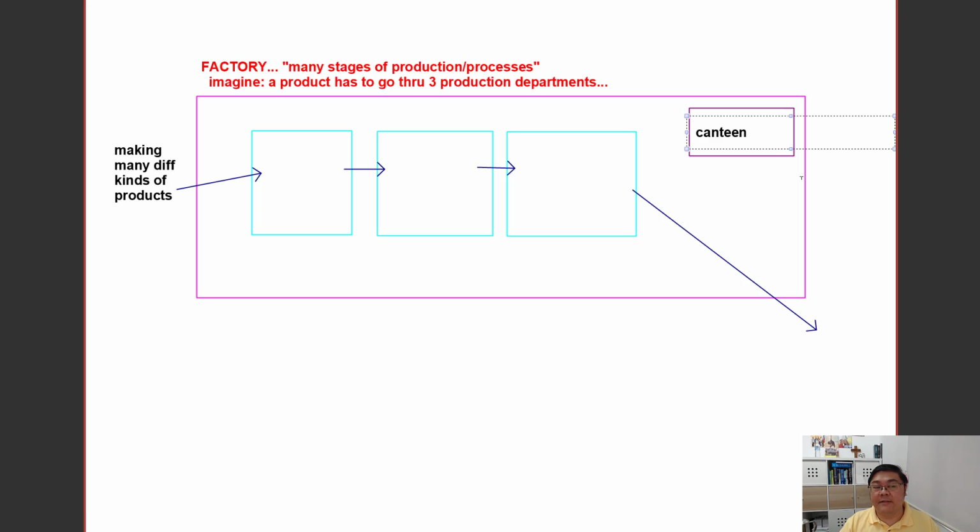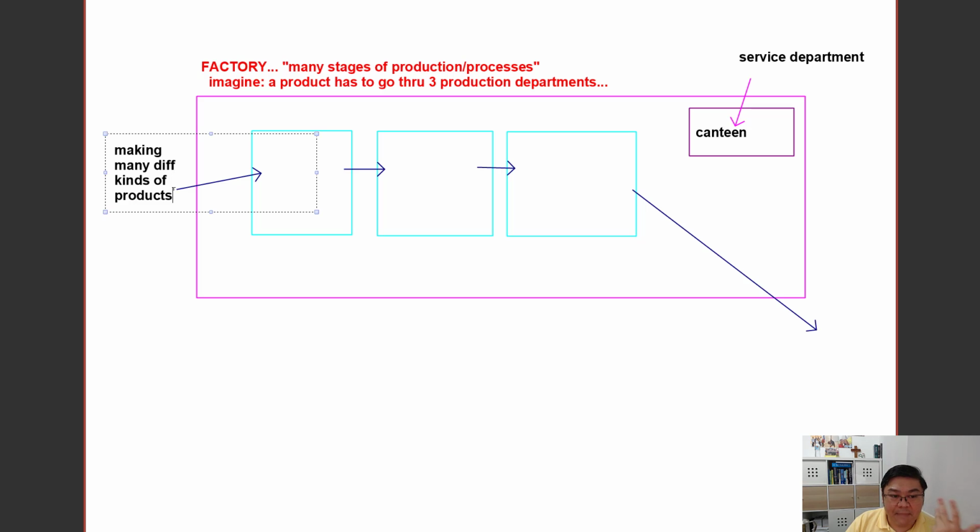The canteen is not a production department, but it is there to feed the workers, the people. The people will go to the canteen and eat. These are what we usually call a service department. Now, forget about the service department first.